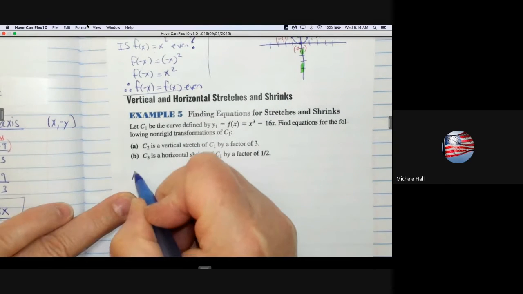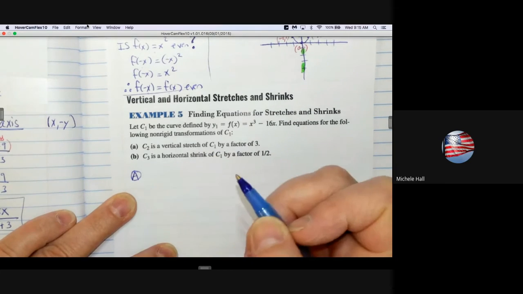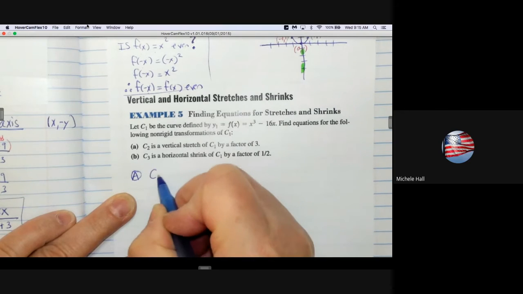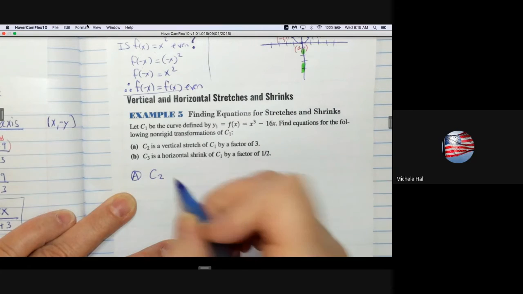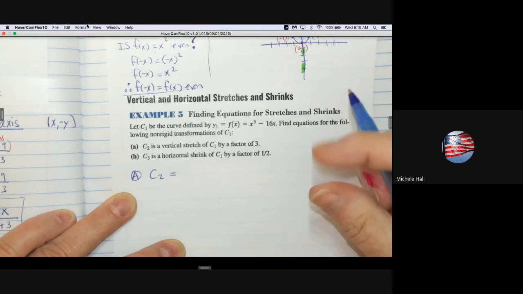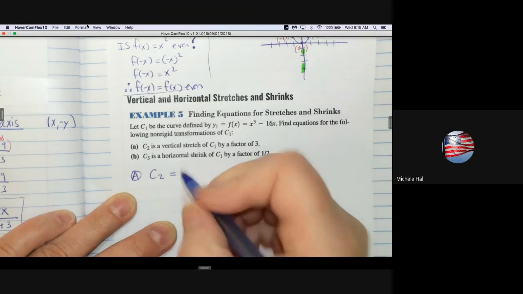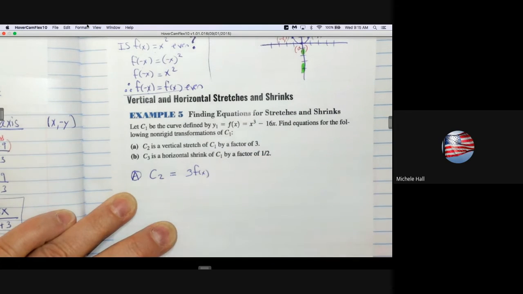All right, A, we would say that C2 equals, a vertical stretch means on the y, so we're multiplying to the function. That would mean 3 times f of x.